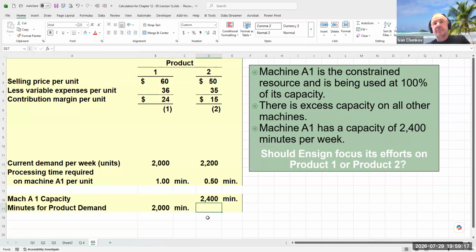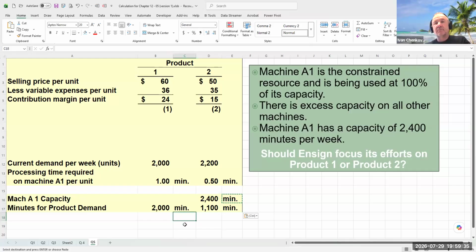For product 2, we need half a minute to produce one product. So that's going to be 2,200 times half a minute. We're going to need 1,100 minutes.